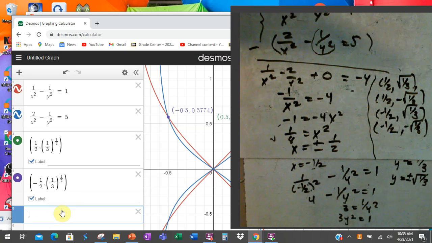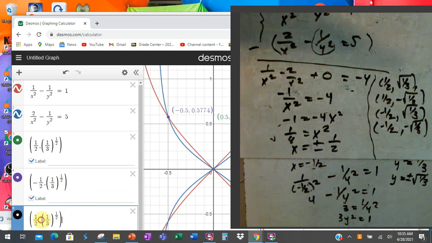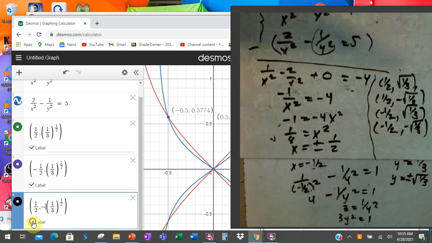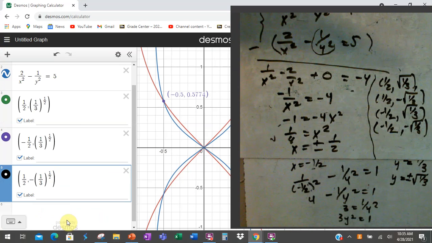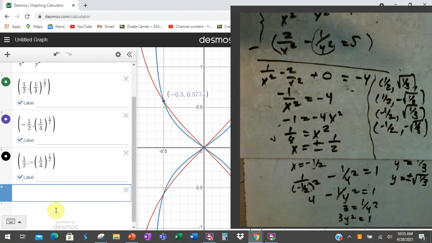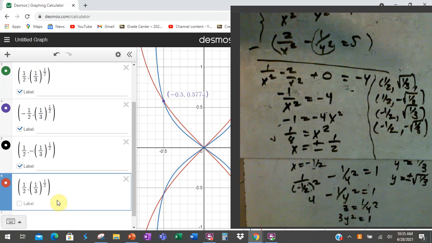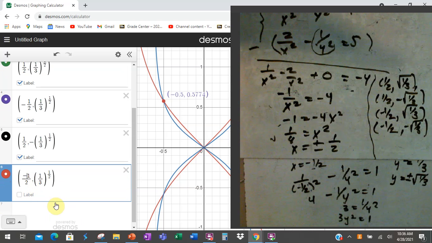Control V, I'm going to go with this one as a negative. Add my label. Control V, and let's see. Negative 1/2. And negative.